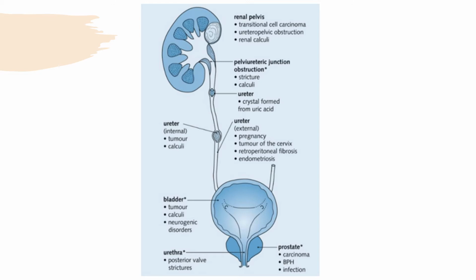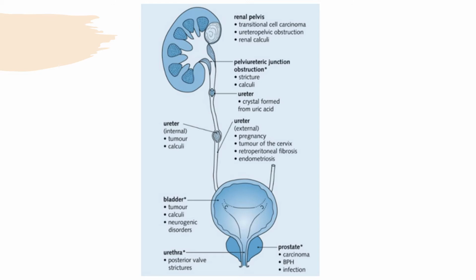So if we start up at the top here in the renal pelvis, an example of some obstructions that can happen there is cancer cells, so transitional cell carcinoma right in the renal pelvis. Again, the ureteropelvic obstruction. We talked about being more congenital in the babies.